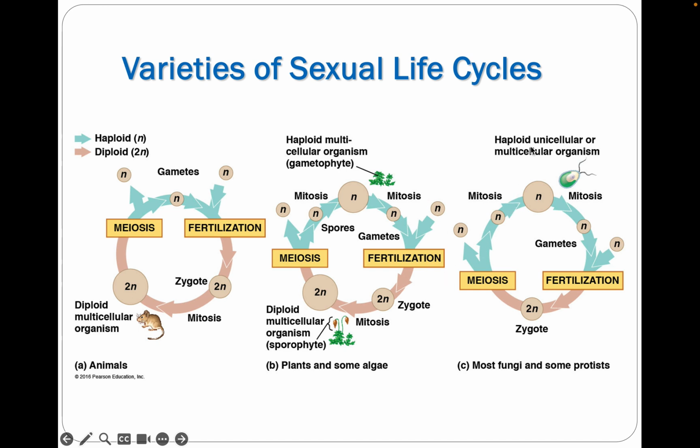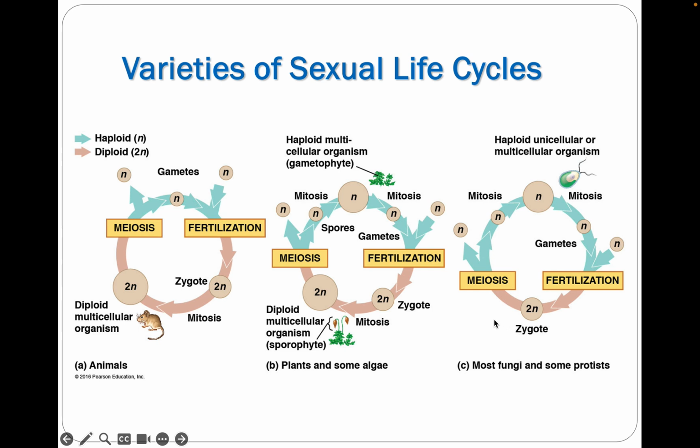All right. Lastly, we have the way that most fungi and some protists reproduce. There's a haploid unicellular or multicellular organism, just like the gametophyte. It does mitosis to grow, just like the gametophyte. It produces gametes, which become fertilized, and it grows a diploid zygote.